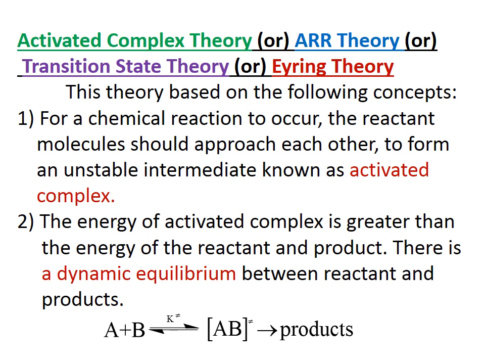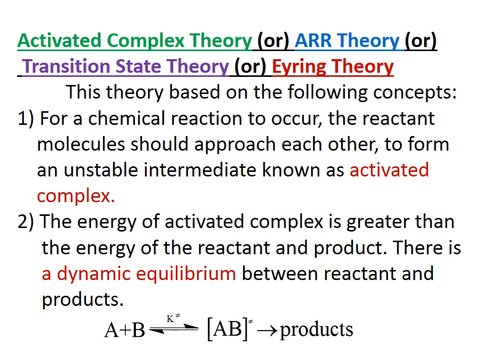That means the reactants first form the activated complex, and the activated complex decomposes into products. The energy of the activated complex is greater than the energy of the reactants and the products. Very importantly, there is a dynamic equilibrium between the reactants and the activated complex.